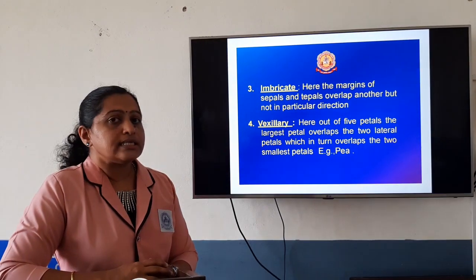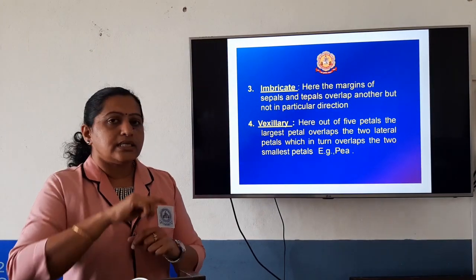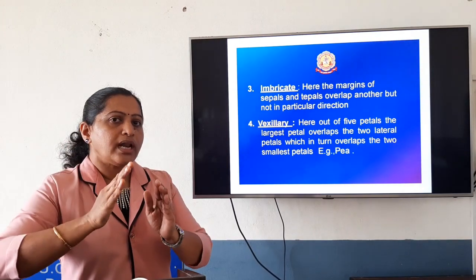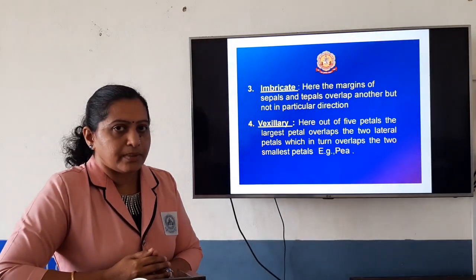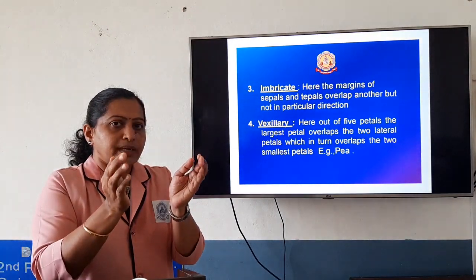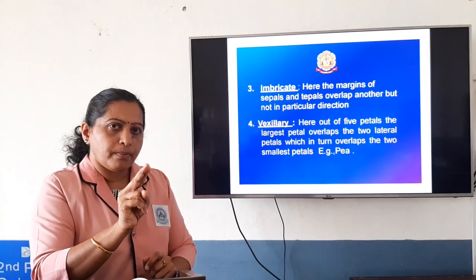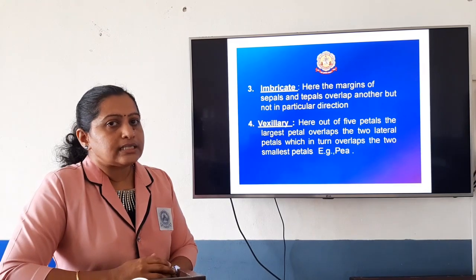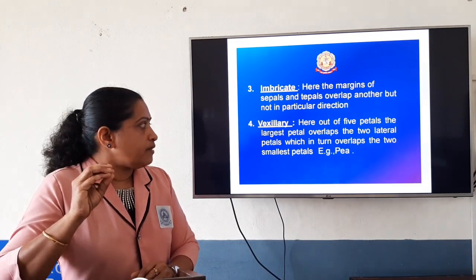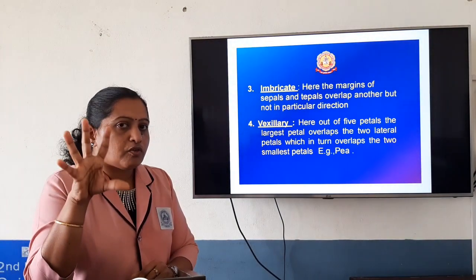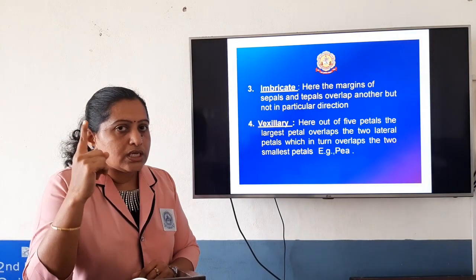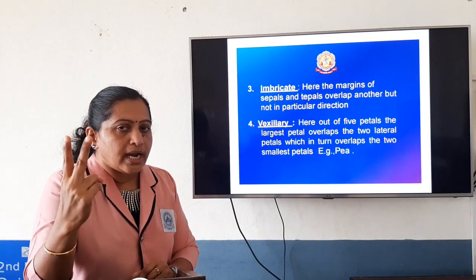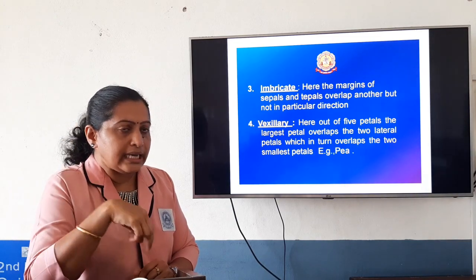We usually call it the standard petal, and that single large petal overlaps 2 petals on the lateral side, which are termed lateral petals. These 2 lateral petals again overlap 2 small petals, which are termed keel petals. So in vexillary aestivation, the flower has 5 petals of different sizes: 1 standard petal, 2 lateral petals as well as 2 keel petals.